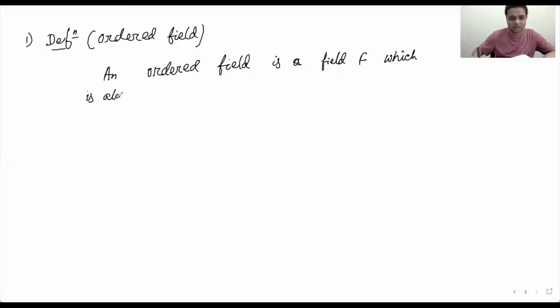which is also an ordered set, that is, equipped with an order. The order relation is denoted by this symbol, and we read it as less than, such that this relation satisfies the following.